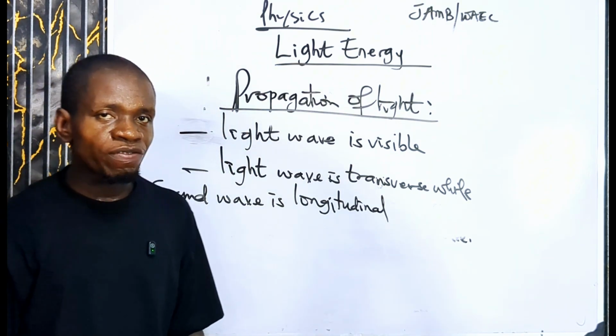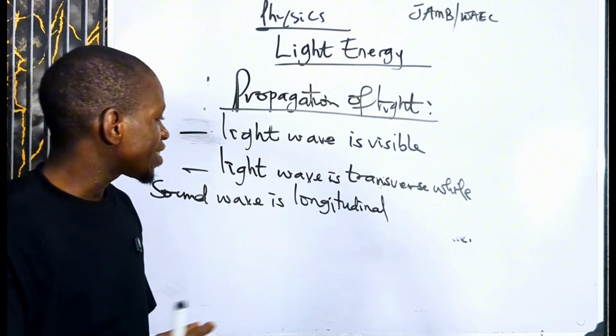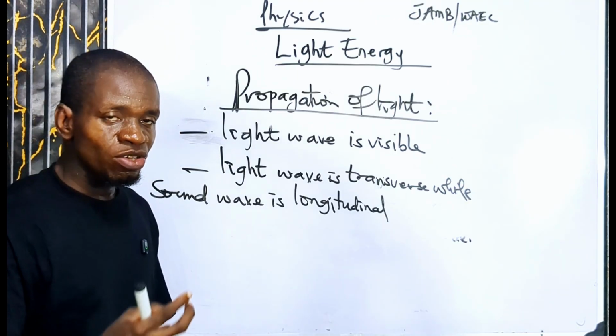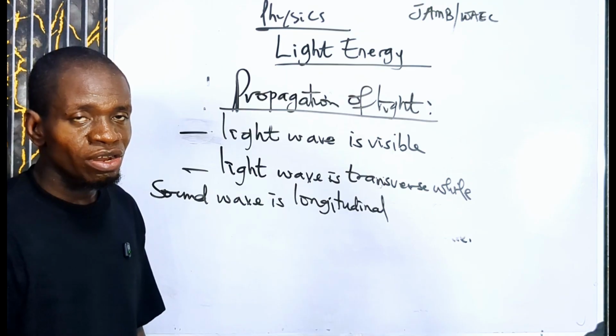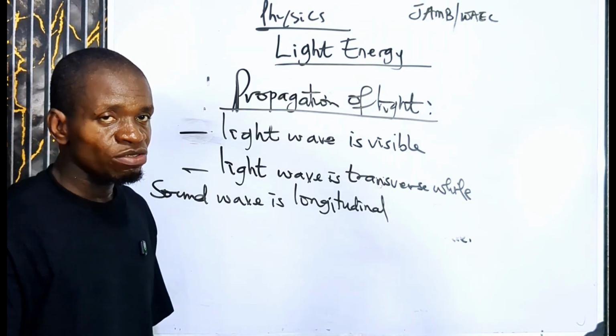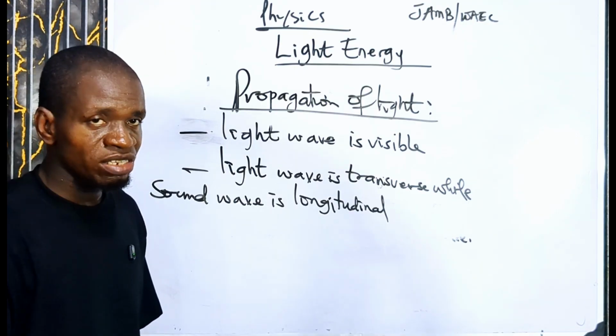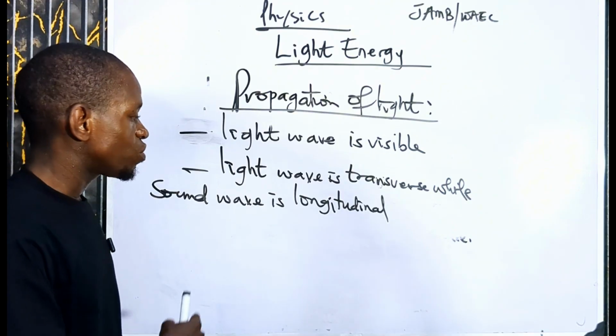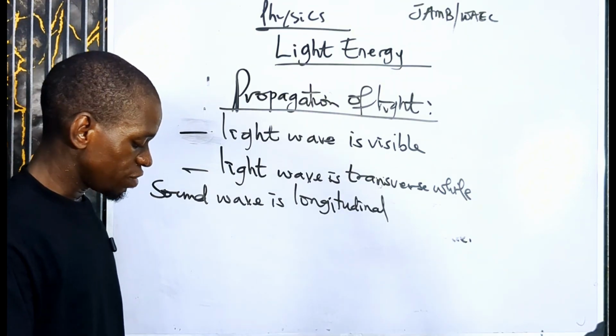But one thing you must take note of is that all electromagnetic waves are transverse, which means your gamma, X-ray, ultraviolet, light, infrared, and radio wave, all of them are transverse. So the method of propagation is always transverse. All light wave is transverse, while sound wave is longitudinal. So that is it.